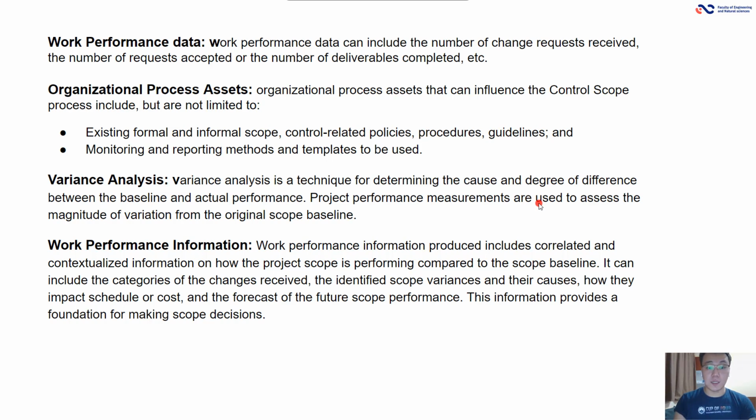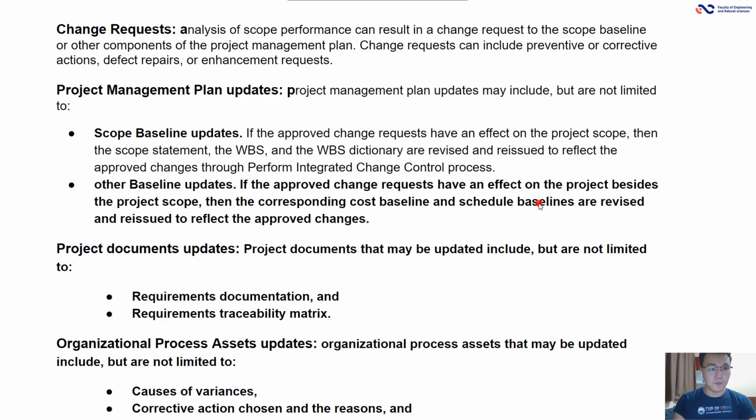Variance analysis is a technique for determining the cause and degree of difference between the baseline and actual performance. Work performance information. Work performance information includes correlated and contextualized information on how the project scope is performing compared to the scope baseline.